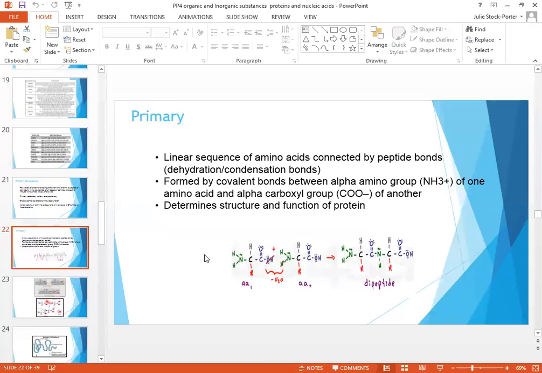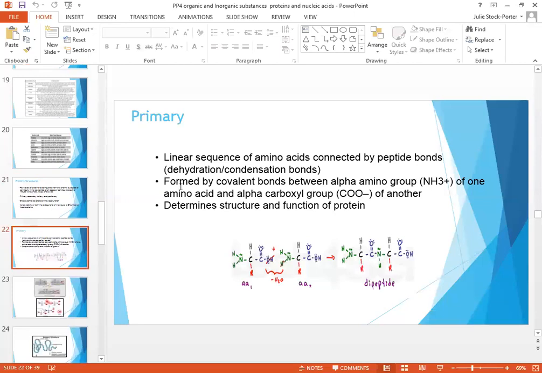They're formed by covalent bonds between alpha amine groups and alpha carboxyl groups. So one of the amino acids is going to form a peptide bond to the other amino acid. And I'll tell you what that means right now.